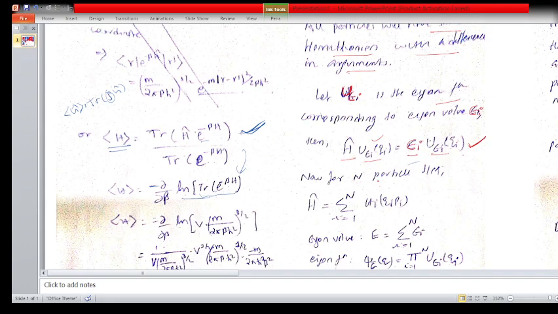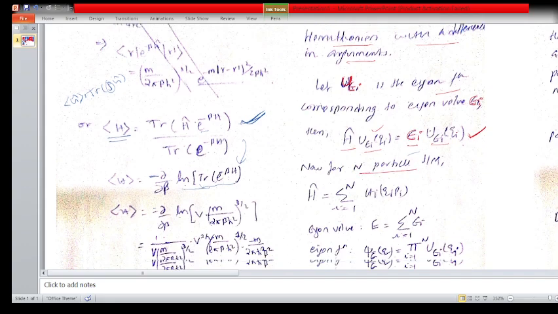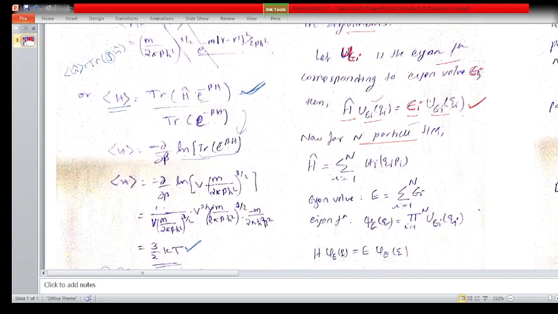Now if you consider the N particle system, the Hamiltonian can be represented as the summation over i equal to 1 to N of H_i(q_i, p_i). This is the Hamiltonian for N particles.